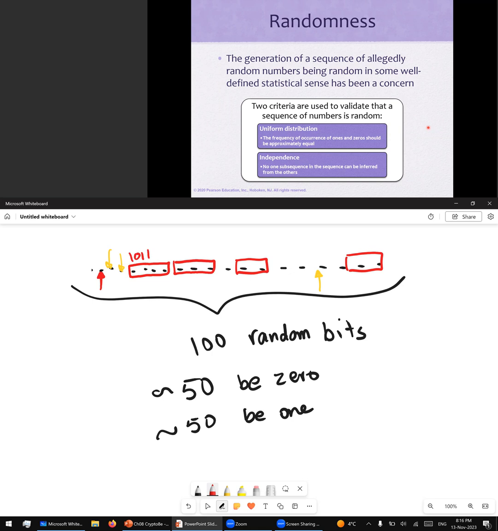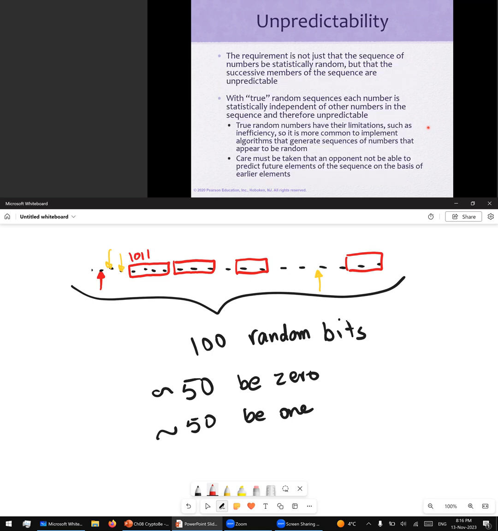Now, if we go to unpredictability, it means that the successive members of the sequence are supposed to be unpredictable, meaning that if you have, say, a string of 100 random bits, and you know what these 100 random bits are, knowing this should not give you any information about what the 101st bit is going to be, right?